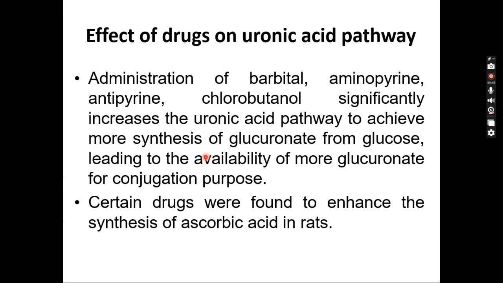These significantly increase the uronic acid pathway to achieve more synthesis of uronate from glucose. This will lead to the availability of more glucuronate for conjugation purposes, so that the bilirubin, the steroids and other hormones can be conjugated.